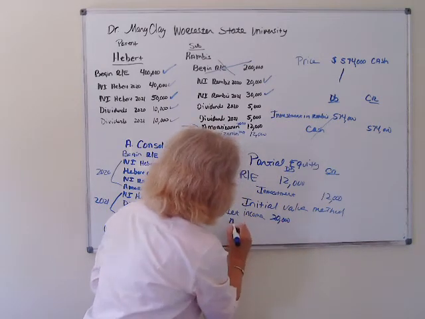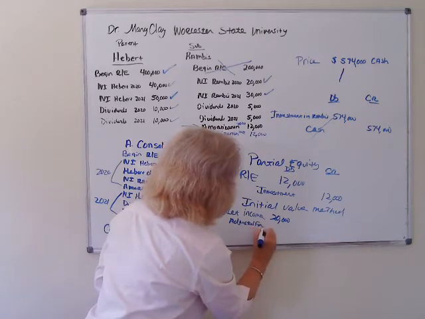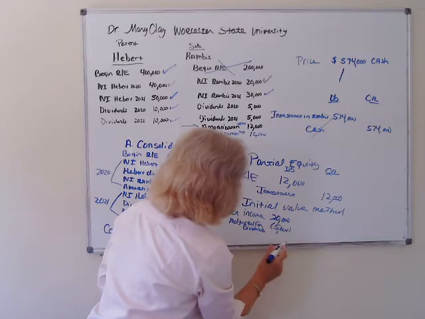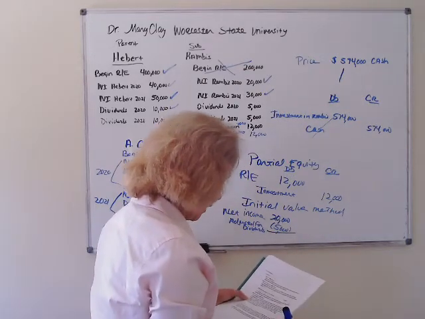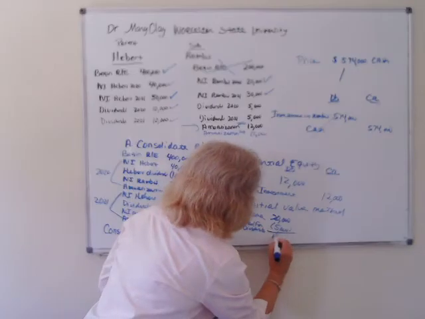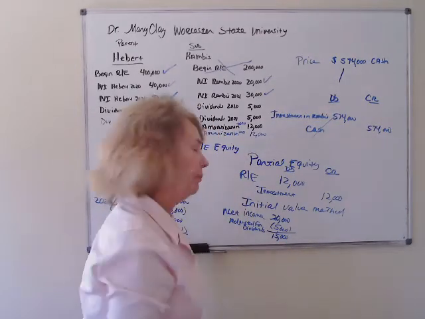They adjusted for dividends of $5,000, right? Oh, yes. So you still need to adjust for $15,000 for the net income, okay?